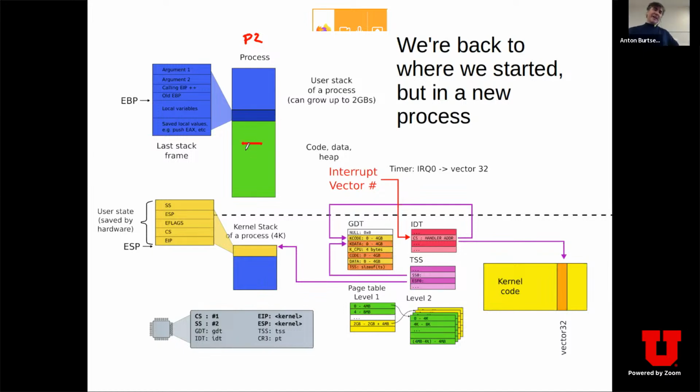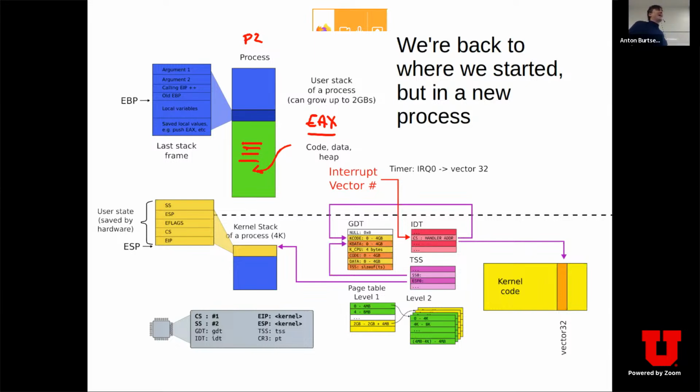Let me ask a couple of questions. Imagine we were running somewhere here in user code before the interrupt, and you have some value in the EAX register. When we switched away from this process, where do we leave the user EAX value?